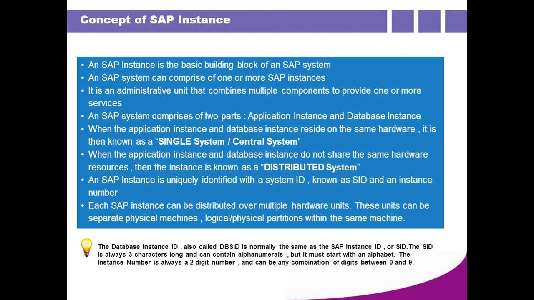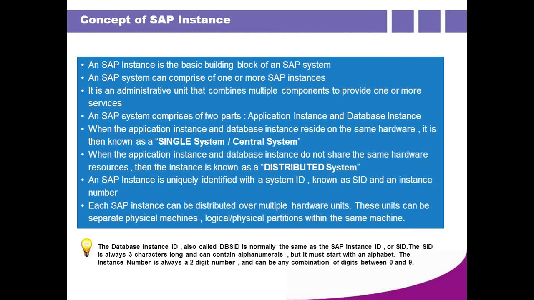If these 3 layers, or maybe SAP and database, are installed in a single system, that is called single system or central system. It means the 3 layers, presentation, application and database, are on a single system. Means single server, as I told, for practicing SAP, we are installing everything on our laptop.